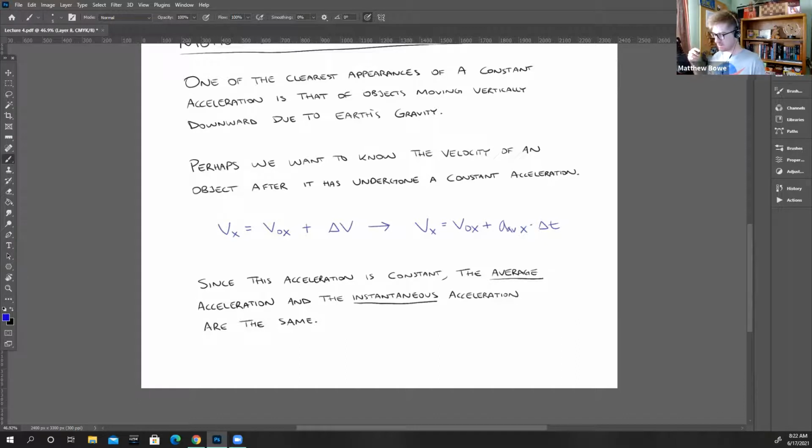And finally, since I believe in the last class we talked about average versus instantaneous speed and velocity, in here we can also talk about average and instantaneous acceleration. Since in all of the cases I'm going to talk about, the acceleration is constant, I could say that a sub x, the instantaneous acceleration, is the same as the average acceleration.